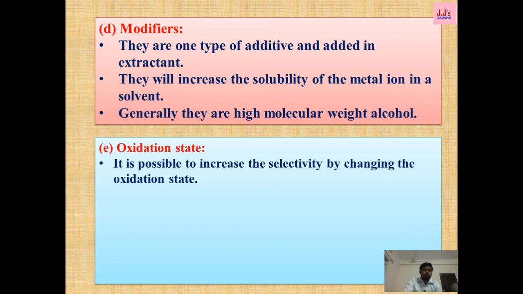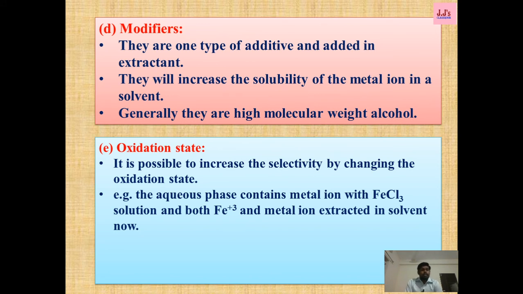Now, how does it work? What is selectivity? Selectivity means that when there is more than one metal in the same solution, and you want to extract only one in the presence of many, that is called selectivity. But how can it be achieved with the help of the oxidation state? Let's see.